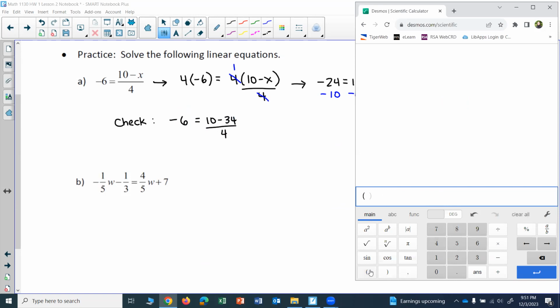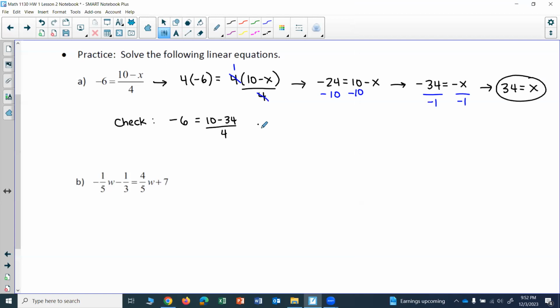The right side is 10 minus 34, close my parentheses, and divide by 4, and I get -6. So the left-hand side and right-hand side of my original equation are equal when I plug in a 34 for x. And so that checks out, and I know that I got the correct solution.